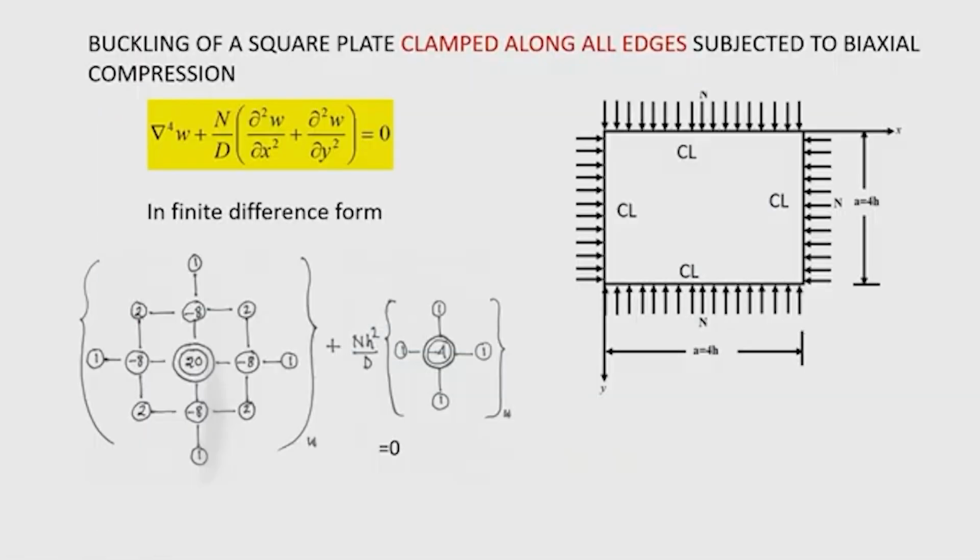Okay. Now, here again I give you one problem that you can see is solved in a similar way, but the boundary condition is now altered. The boundary condition is now clamped instead of simply supported, and this is the stencil for the plate buckling equation.